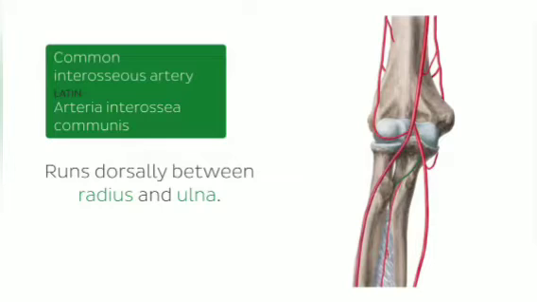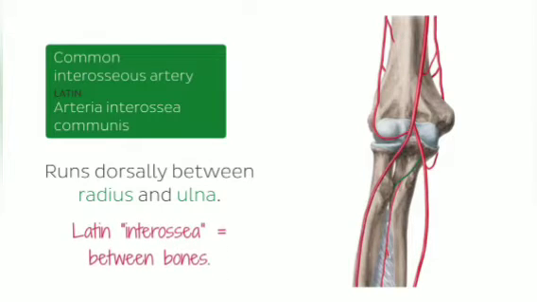The name says everything. Interossea in Latin means between bones, and you can clearly see here on this image that the common interosseous is running between the radius and the ulna. And it runs to the upper edge of this membrane here known as the interosseous membrane.